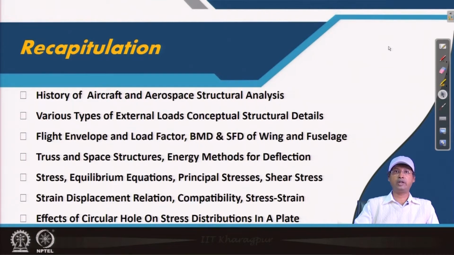So, depending upon the type of aircraft, we need to develop the flight envelope, and we need to consider the parts of the structures to design to withstand those inertia loads. Not only inertia loads, it also experiences many other loads, as we have discussed.